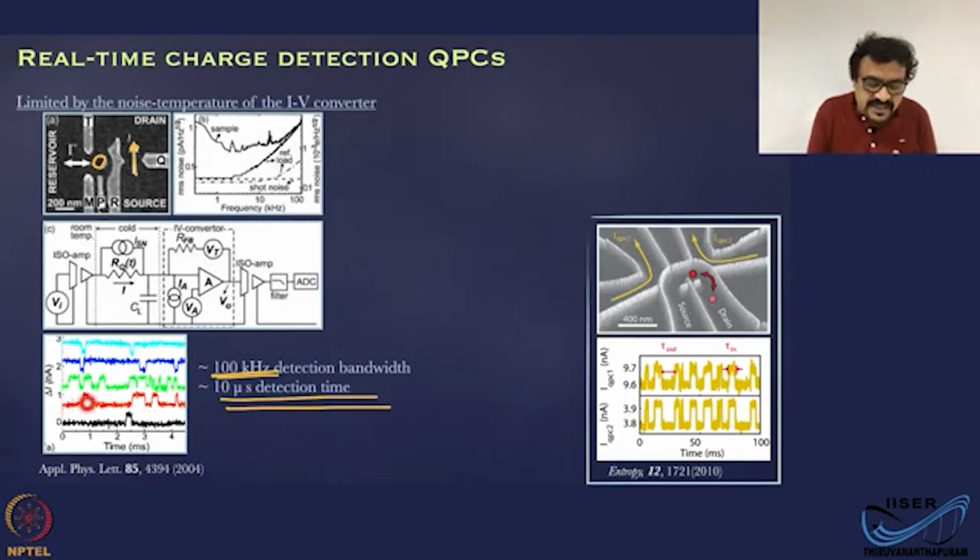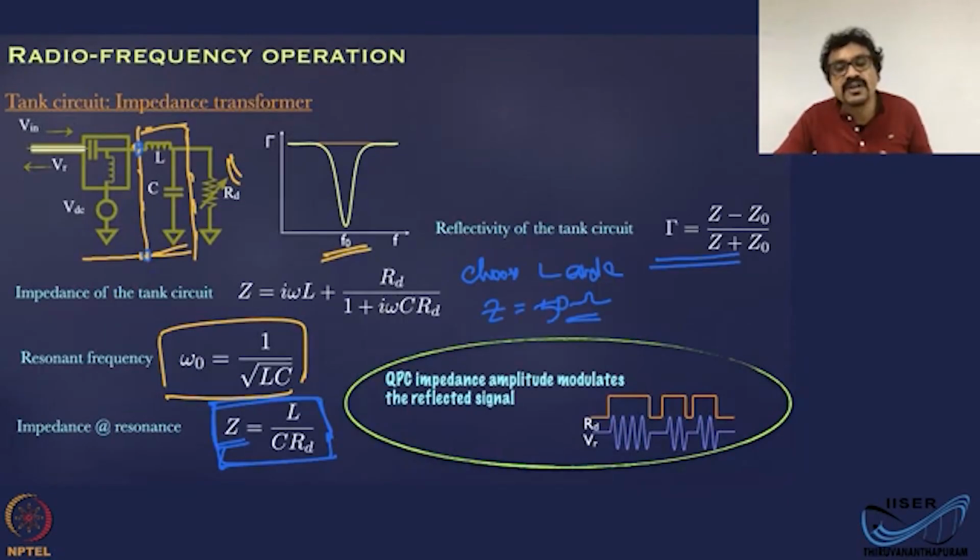That's what you are doing here also. All you are doing is checking the impedance change, not the impedance itself, but the change in RD and the time scale. In the conventional case, it is limited to a few milliseconds. In this case, you are not limited to milliseconds, because you are detecting at a frequency prescribed by the resonance characteristics of this tank circuit, with a certain bandwidth which is much larger compared to the conventional measurement regime.